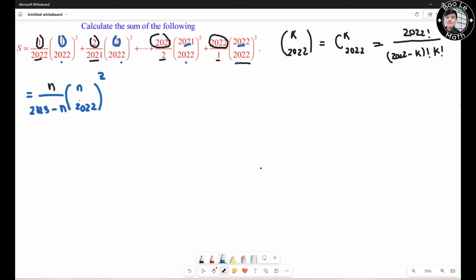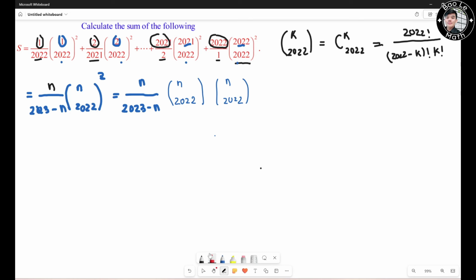Okay, now we need to expand this one. I just rewrite it, so it can be n over (2023 minus n) times the combination of n, 2022 squared. So I just split this one: it's going to be n over (2023 minus n) times C(n, 2022) times C(n, 2022).